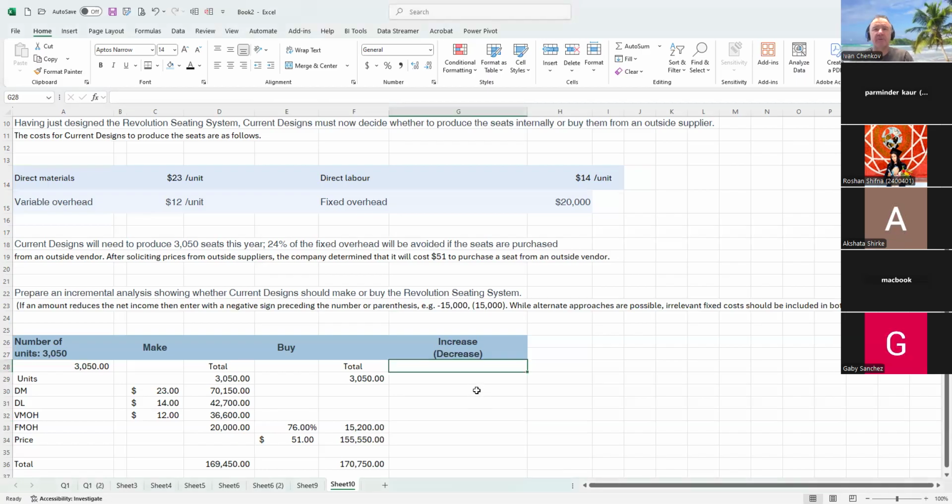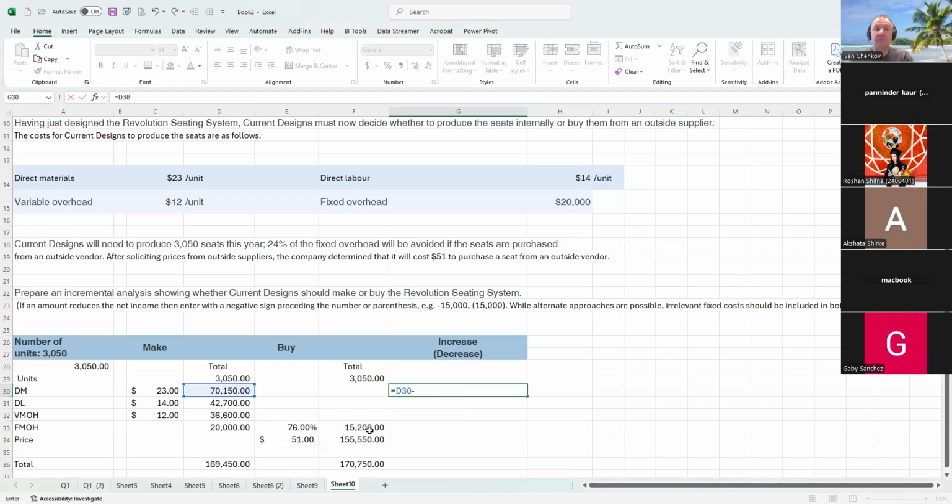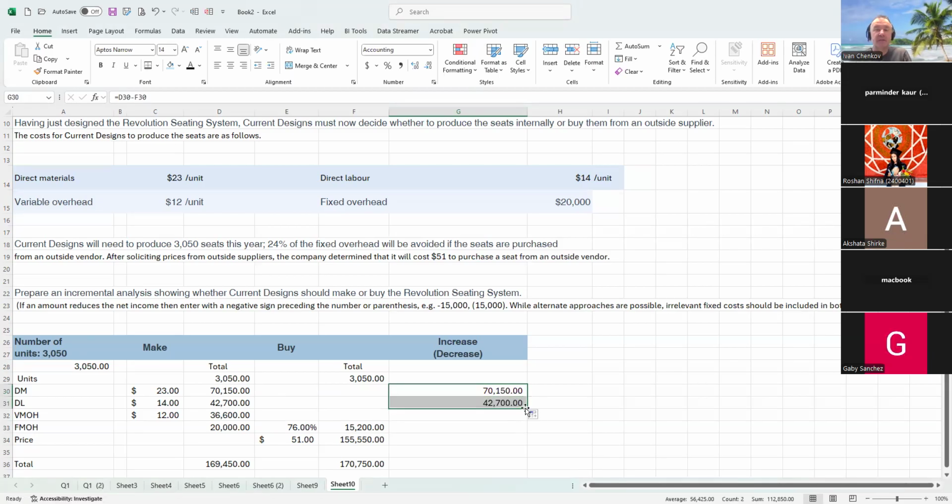So if I buy it, what's going to happen? I'm going to save 7,050 on direct material. Direct labor, saving it. Variable overhead, I'm saving. On the fixed overhead, how much am I going to save? 4,800 only, correct?